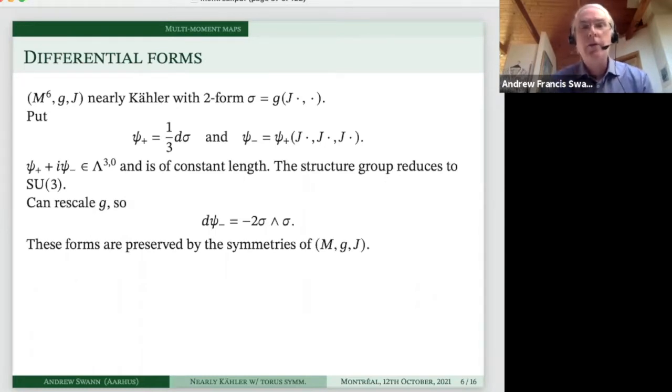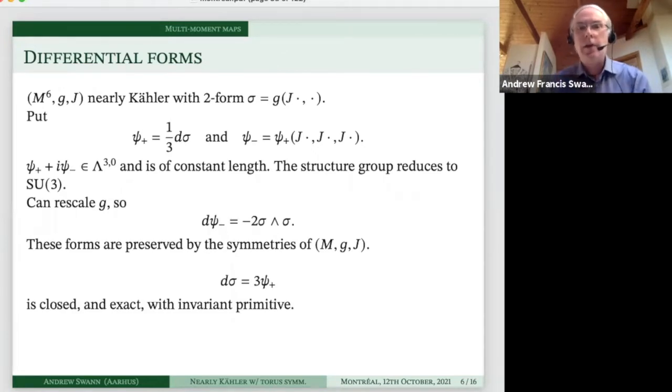The natural remark here is that as soon as we have a symmetry of g and J, it's going to preserve the constructions I've given here. It preserves sigma, and then it's going to preserve psi plus, and it's still preserving J, so it preserves psi minus as well. So all these differential forms and relations are preserved by any symmetries of the Hermitian structure.